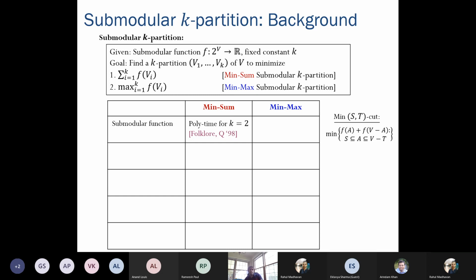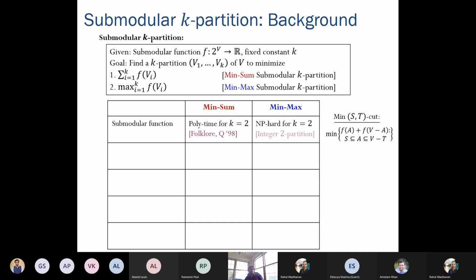Okay. So this is the status for min-sum submodular 2 partition. What about min-max submodular 2 partition? What do you think? Is this poly-time for k equals 2? NP hard. Yeah, this is NP hard even for k equals 2.